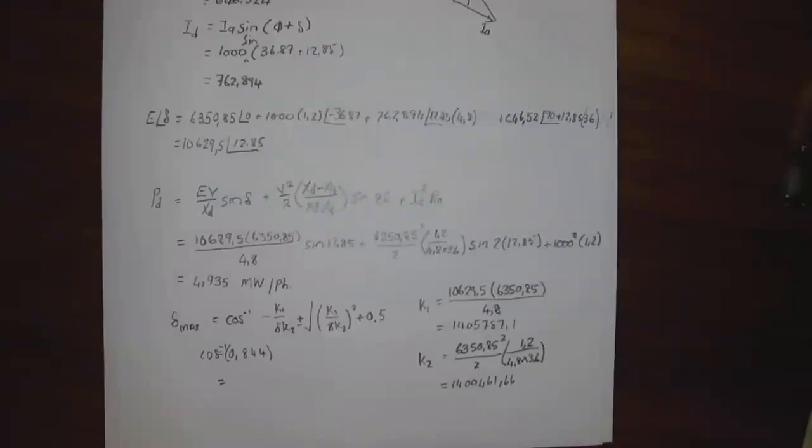Did you subtract? Change sign? G squared 0.5 plus minus. No, it must be the plus. 140.